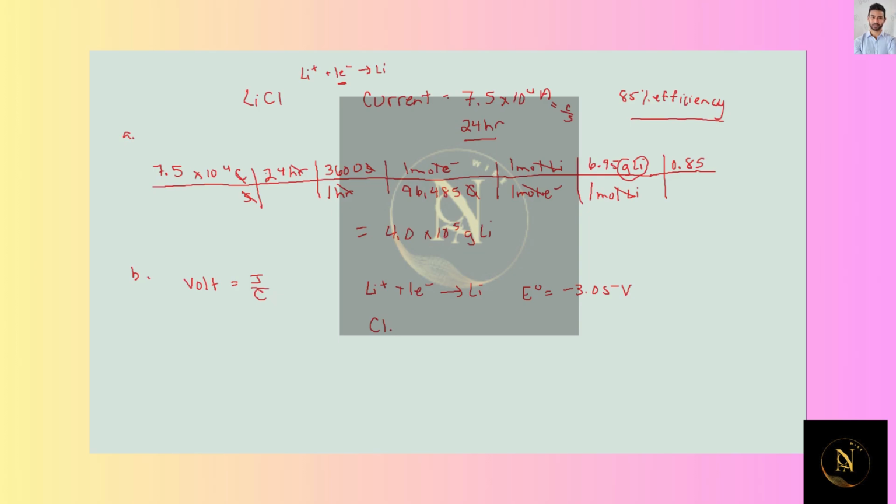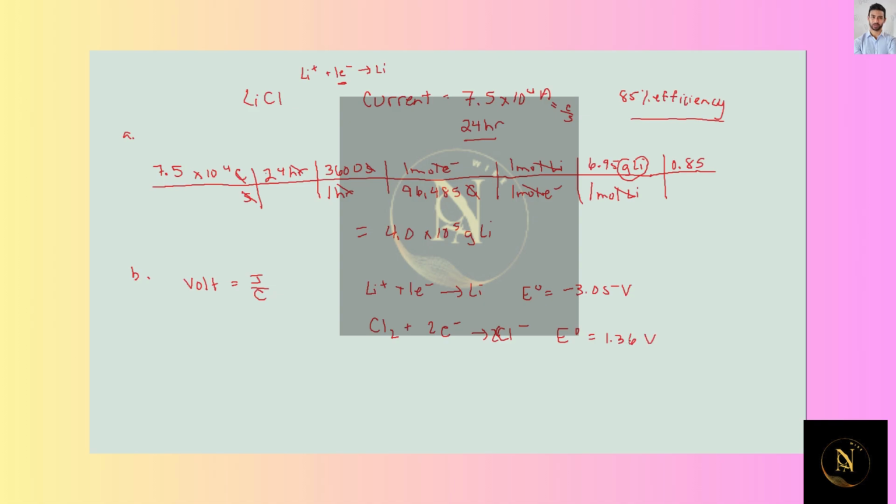So my oxidation reaction would be the chloride. It's written as a reduction reaction in the table, right? But it would actually be going the other way. It was my oxidation, and that has an E naught equal to 1.36 volts.